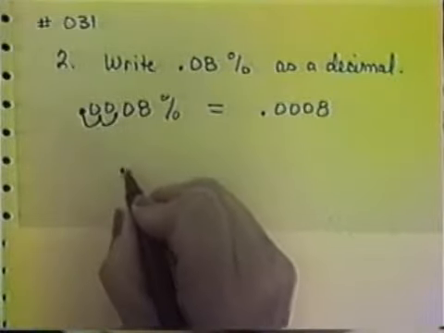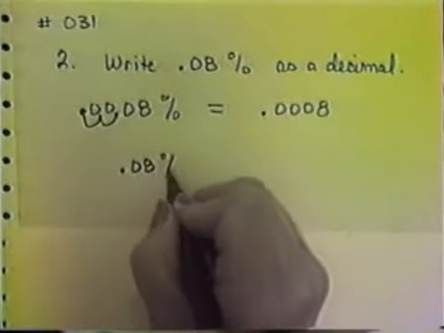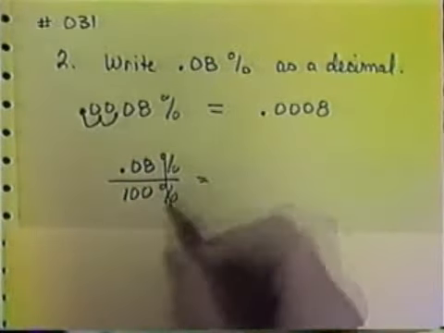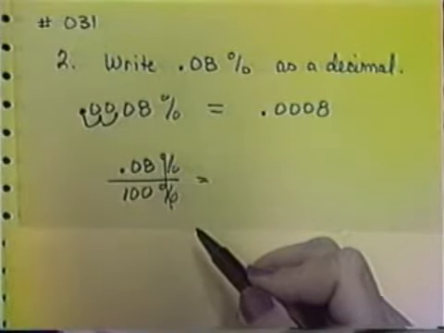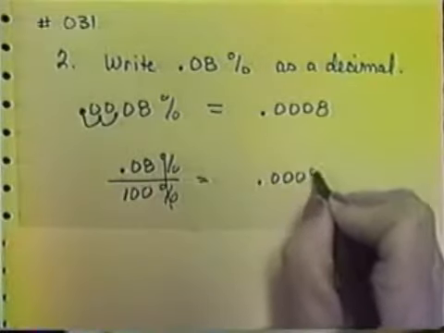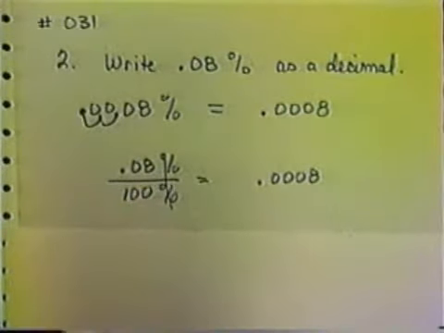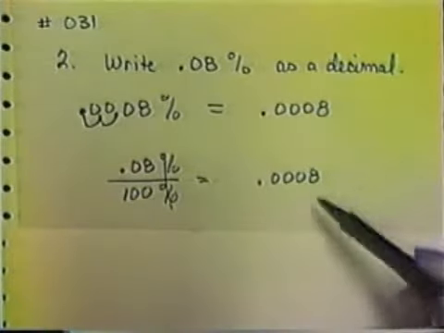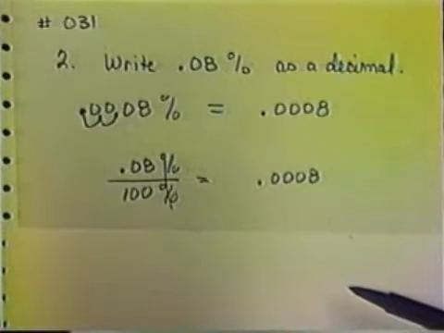Now notice we get the same thing if we take it and divide by 100%. The percents cancel, and then if we divide 0.08 by 100 on our calculator, we're going to end up with the same answer. I'm going to show both methods because some people prefer one way and others prefer the other method. We don't need to do both. You've got to find the one that works for you and use it.